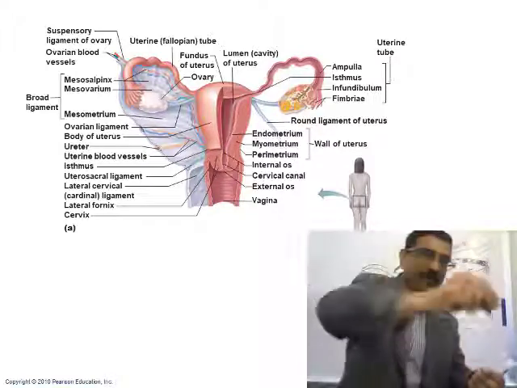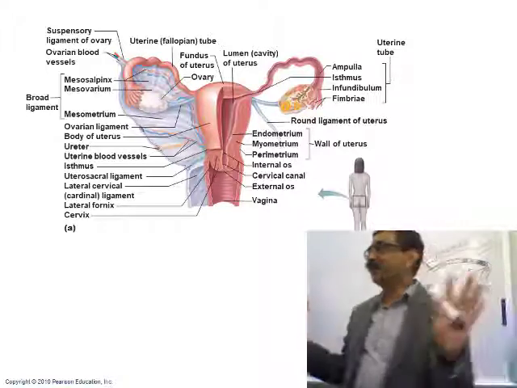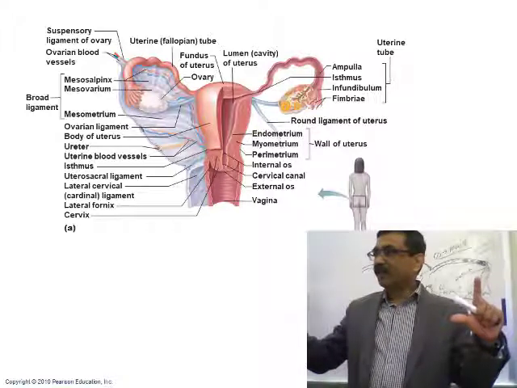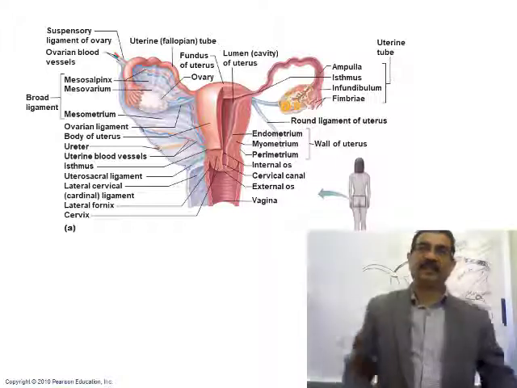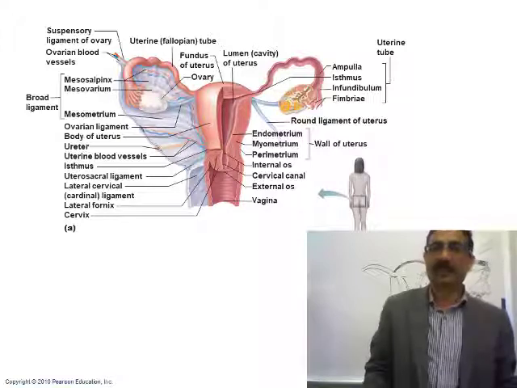Then you put the seed. Exactly the same. The uterus is making a nice soft bed so the fertilized egg can come and get implanted there, stick into it. So that is the implantation.